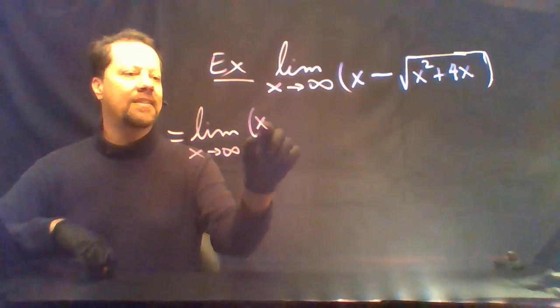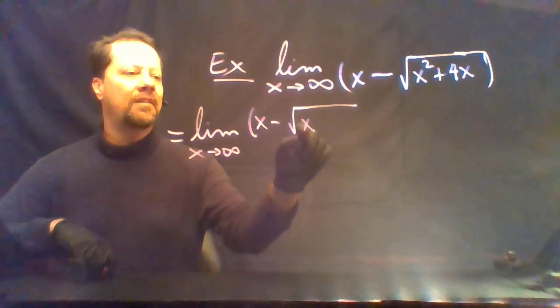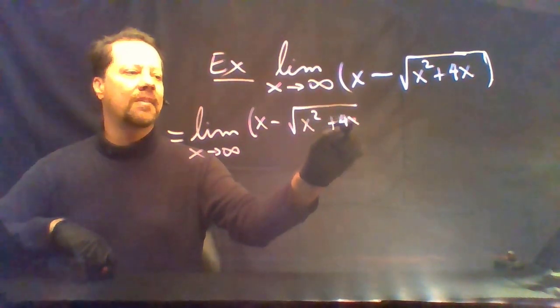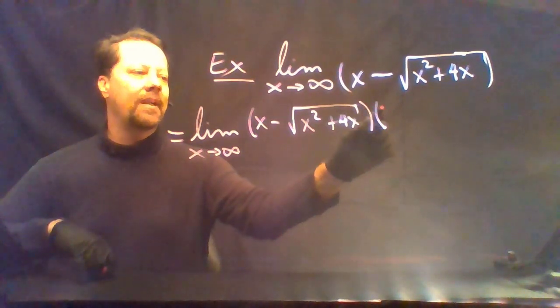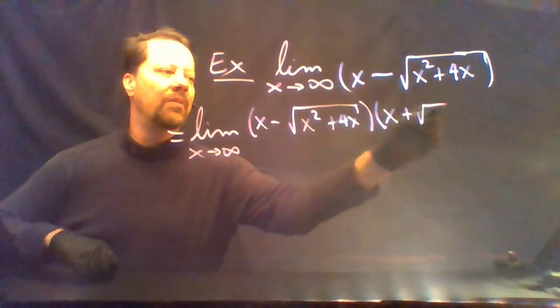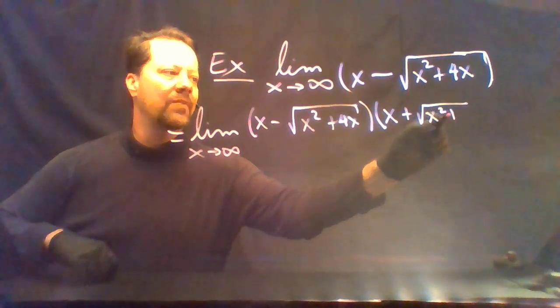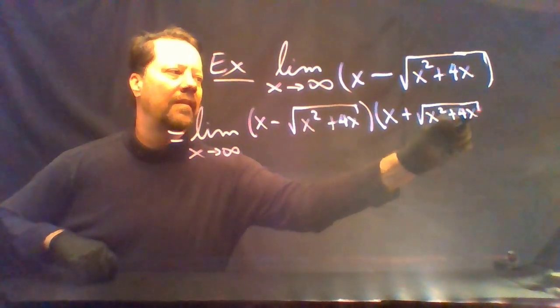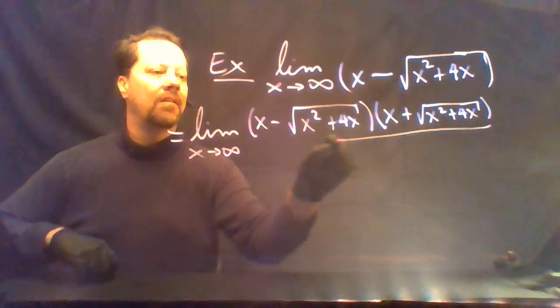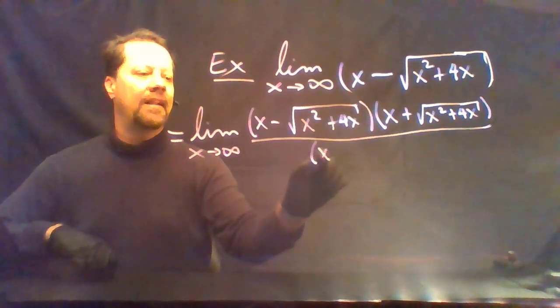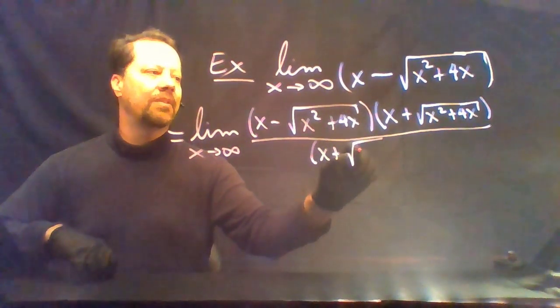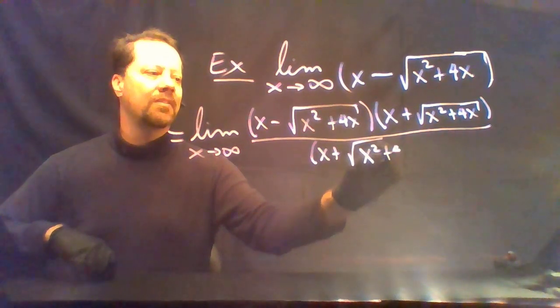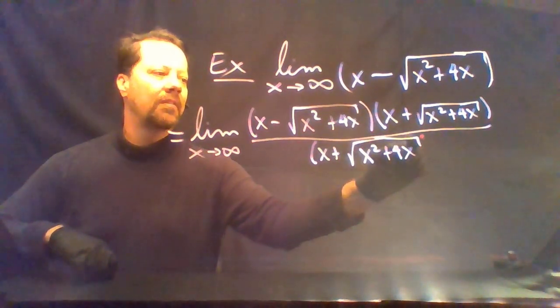We'll have x minus the square root of x squared plus 4x times the quantity x plus the square root of x squared plus 4x all over x plus the square root of x squared plus 4x.